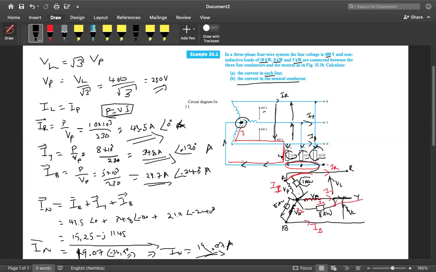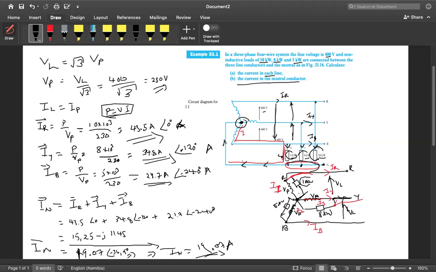But I think I need to re-explain the diagram that I just drew here. What is important is for you to realize where these things are connected. See where it is connected.